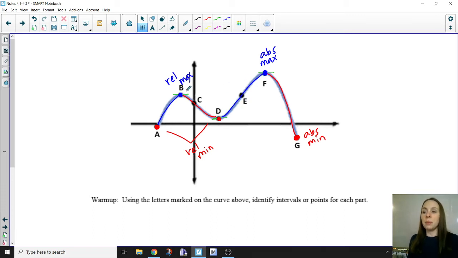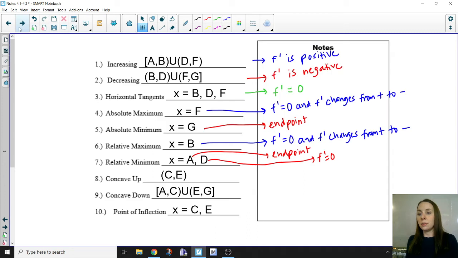What can we say about the derivative? The derivative is negative on the left of that point, and then it changes to positive. So we can say f prime equals 0 at that point, and f prime has changed around it from negative to positive this time.